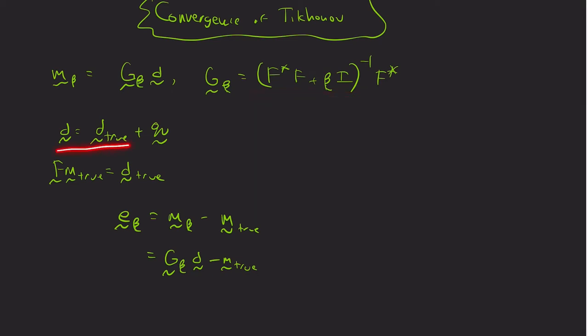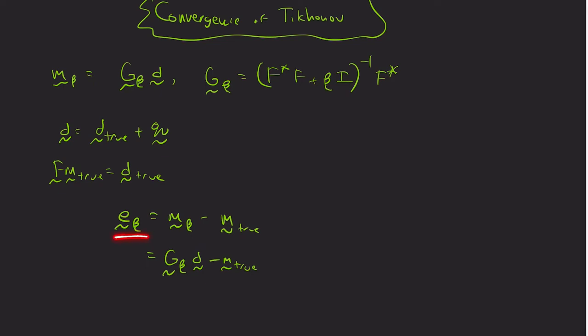And then I'm going to split the data as true data and noise, where the true data can be expressed this way through the true model parameter. And then the error is just going to be the difference between those two.